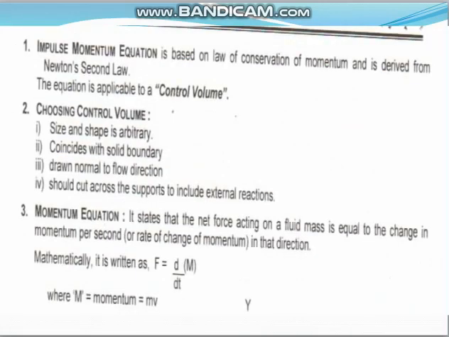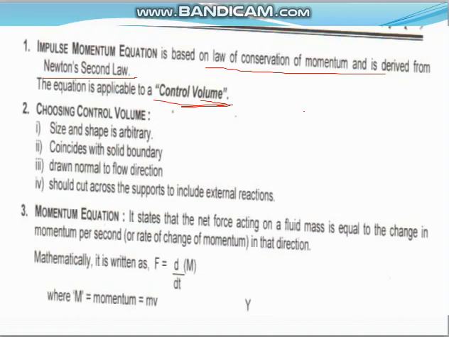So coming to the impulse momentum equation. The impulse momentum equation is based on the law of conservation of momentum and is derived from Newton's second law.